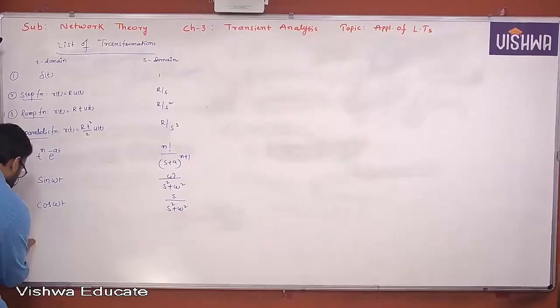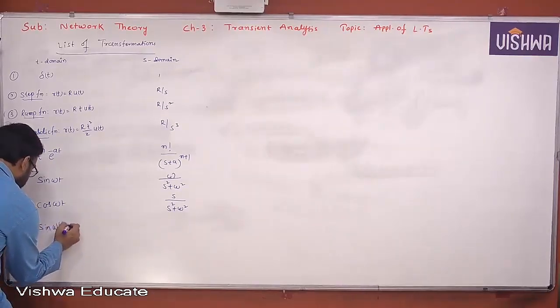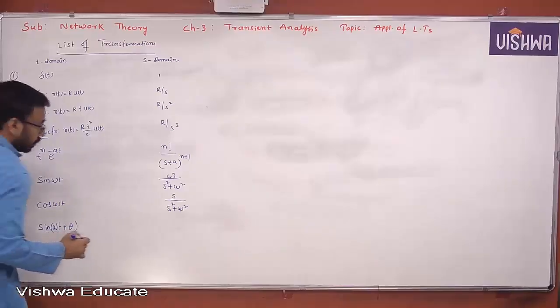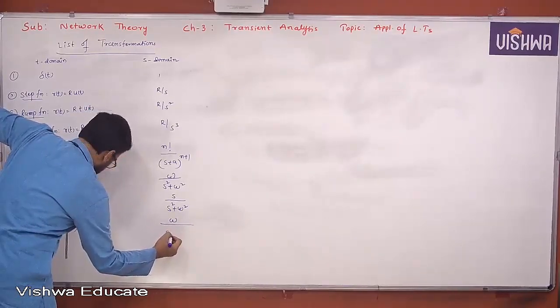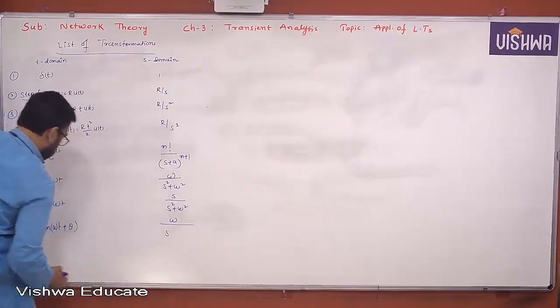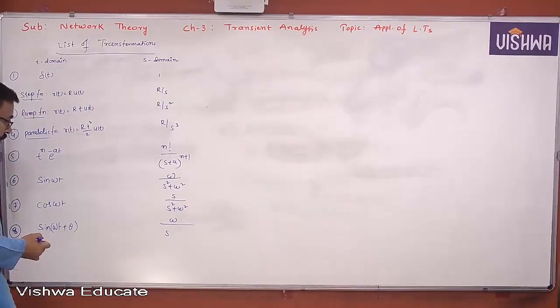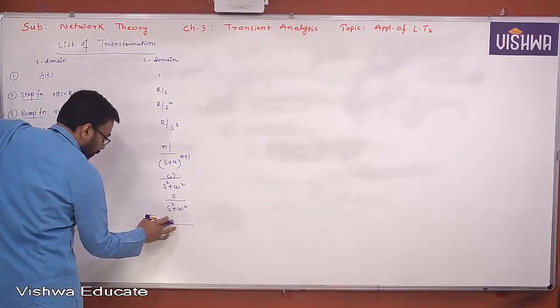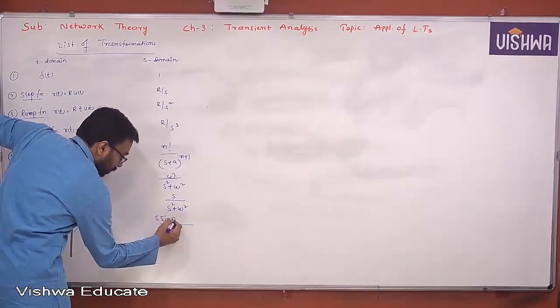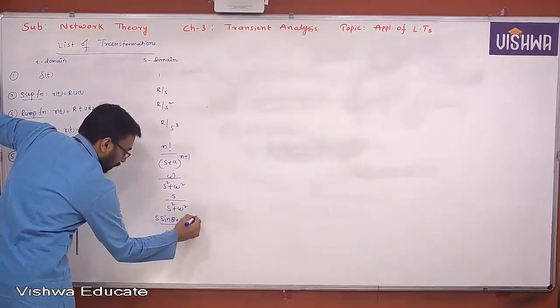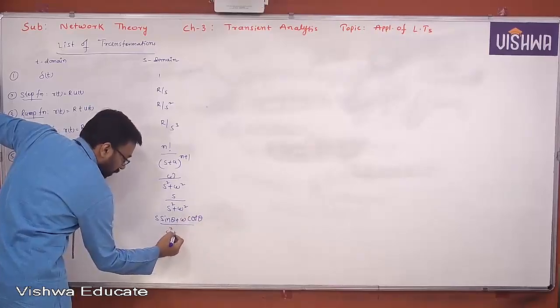Eighth one, sine omega t plus theta. Not omega alone, but you get here s sine theta plus omega cos theta by s square plus omega square.